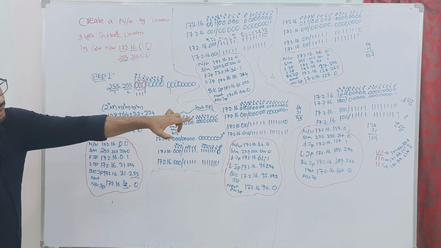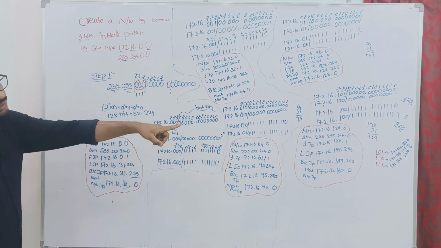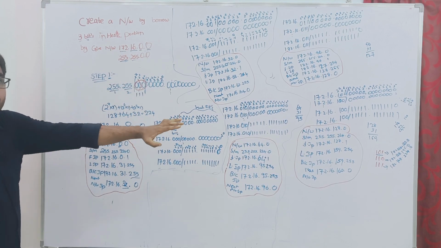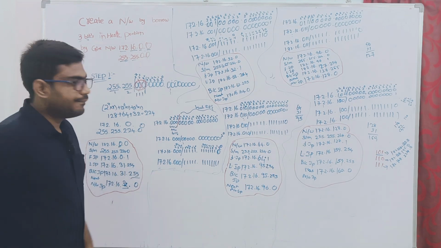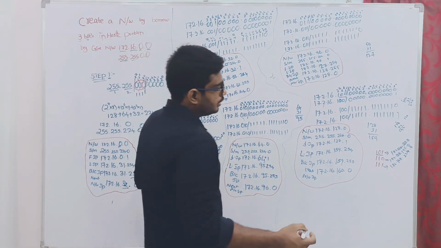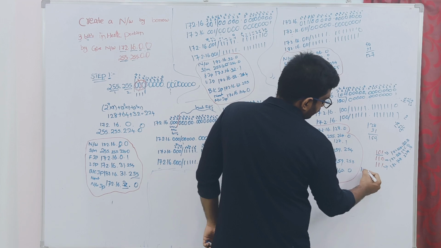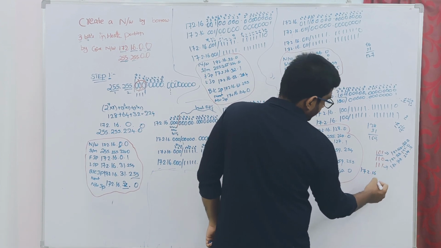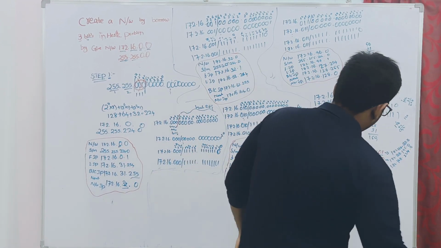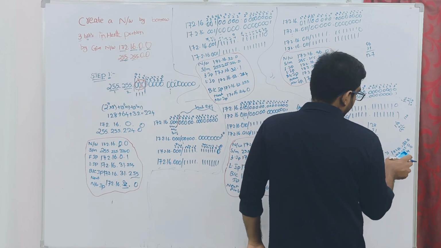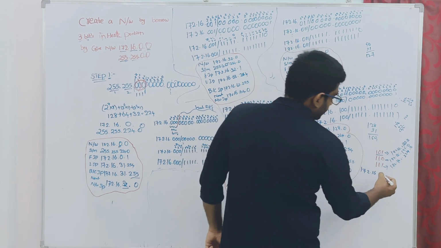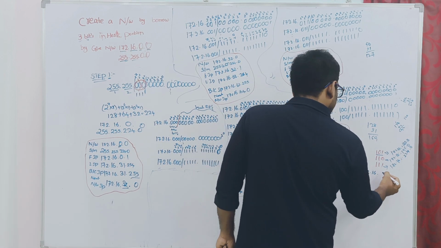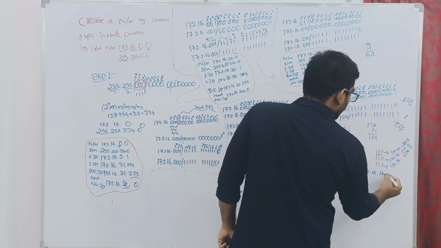I will give network bits also, and I will give the network IP also. Using this itself you can find very easily. If it is a network IP 172.16 dot, so 160 is our IP.